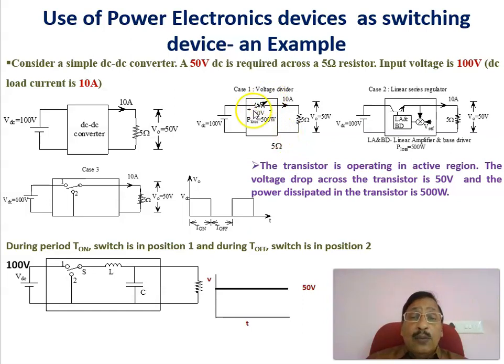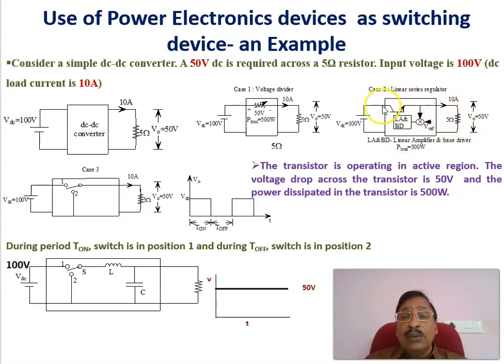Now, the same thing can be realized by using a transistor when it is working in the active region. When a transistor is working in the active region, as we have already seen in the linear power supply, we are controlling the base drive of the transistor so that it is working as a variable resistor. We are controlling the resistance between collector and emitter and making this output voltage 50.